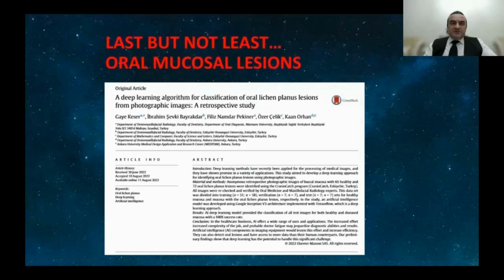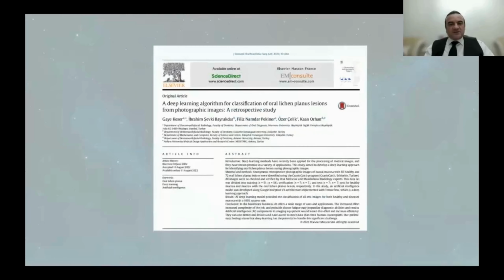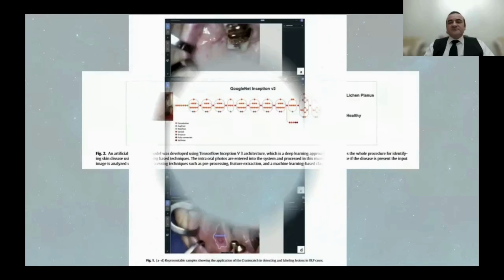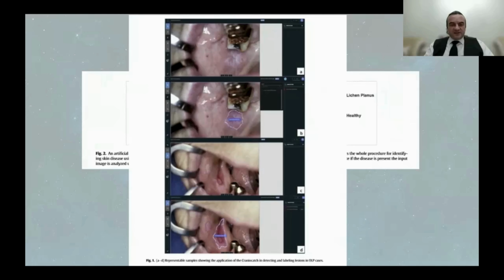Last but not least, we can also detect oral mucosal lesions. As all of you know, we are dentists, and we work on the oral mucosa. We generated several algorithms to detect premalignant lesions, such as oral lichen planus, from intraoral radiographs and also from pathology images. This is one of the deep learning algorithms that we generated, and we achieved quite a high score to detect these lichen planus cases.